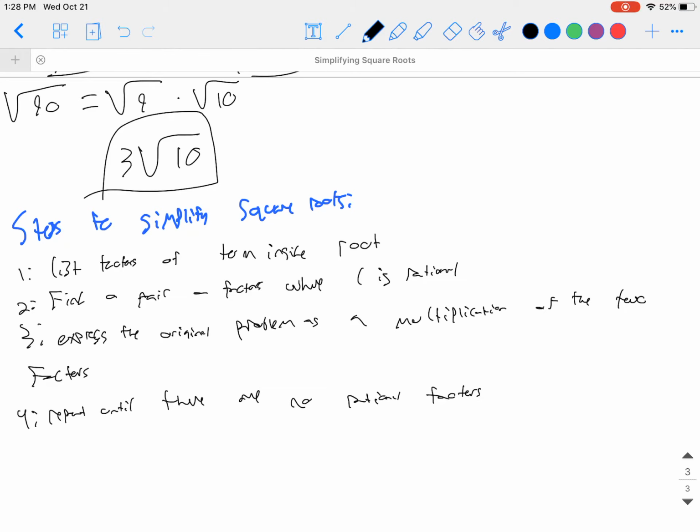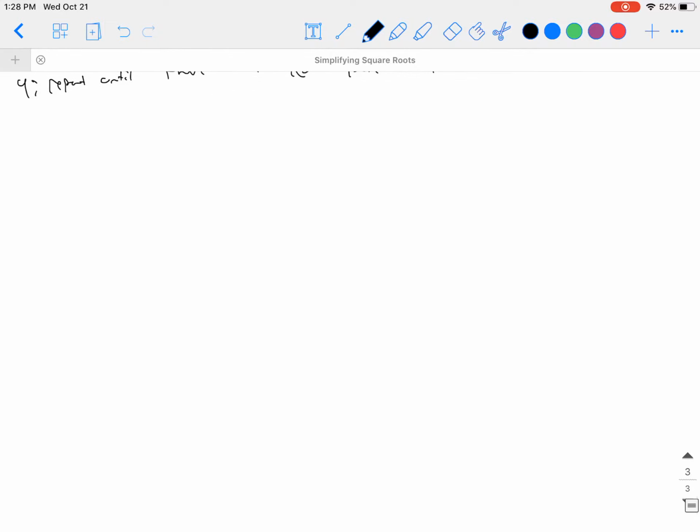Alright, so let's take another example. Let's take the square root of 45. So again, to list the factors, we will do 45 divided by 1 equals 45. So we have 1 and 45. 45 divided by 3 equals 15.